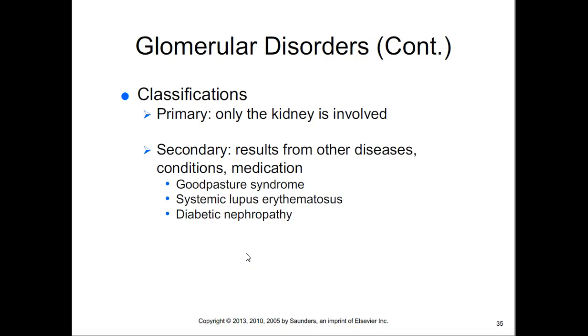All right, so classifications. Glomerular disorders can be divided into those that only affect the kidney, which we call primary, and those that are secondary, resulting from other diseases, medications, or conditions like Goodpasture syndrome, systemic lupus erythematosus, or SLE, which we just call lupus, and diabetic nephropathy.